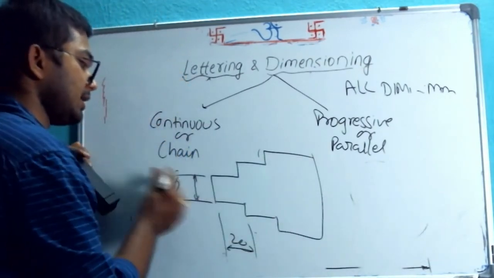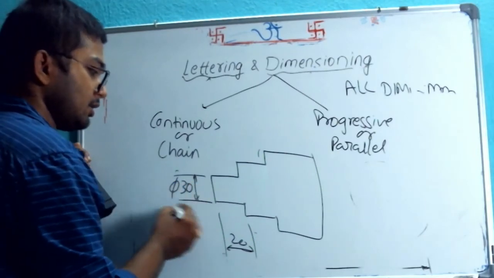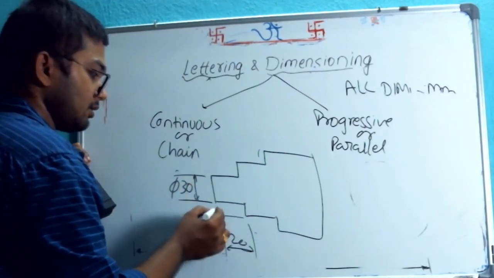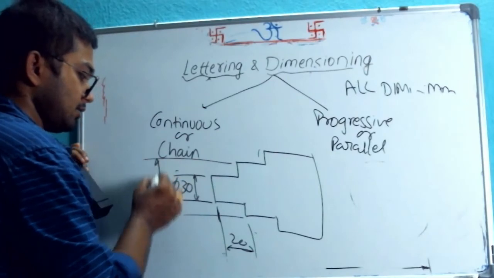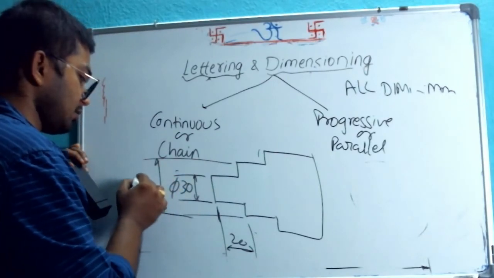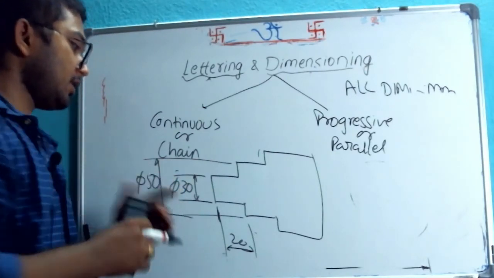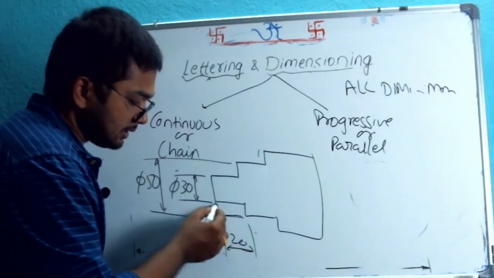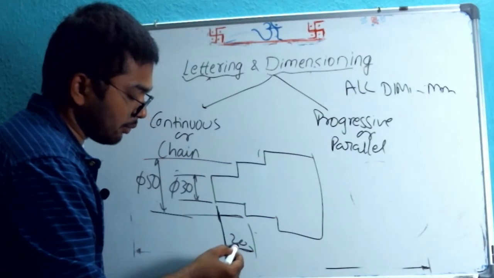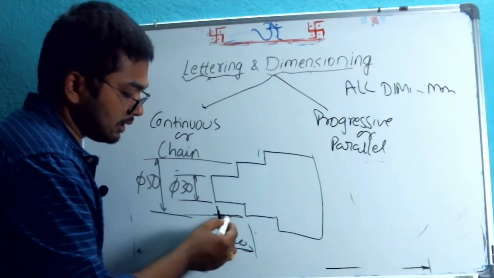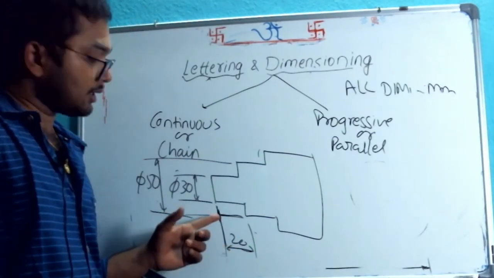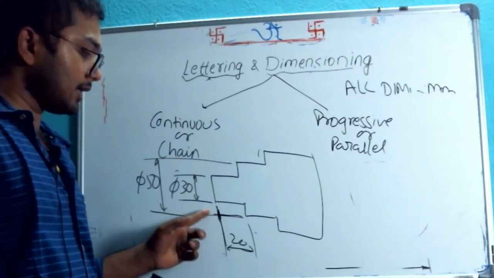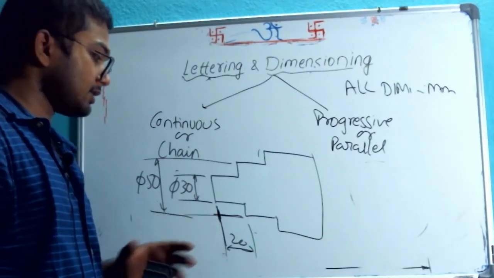But now say it is 30. This is 50. Now observe here, this is an extension line for dimension 50, and this is an extension line for dimension 20 mm. Now they are crossing each other. It is not a mistake. It is okay. The extension lines can cross each other when required, as and when necessary.